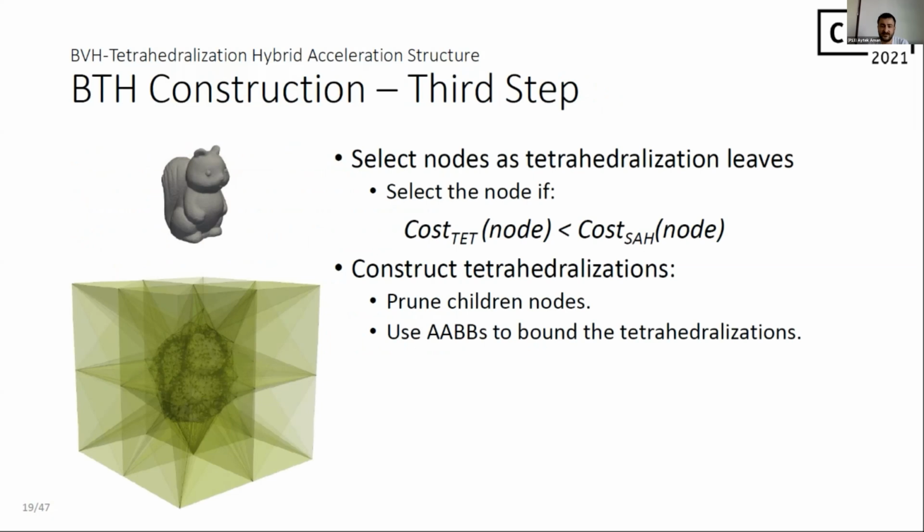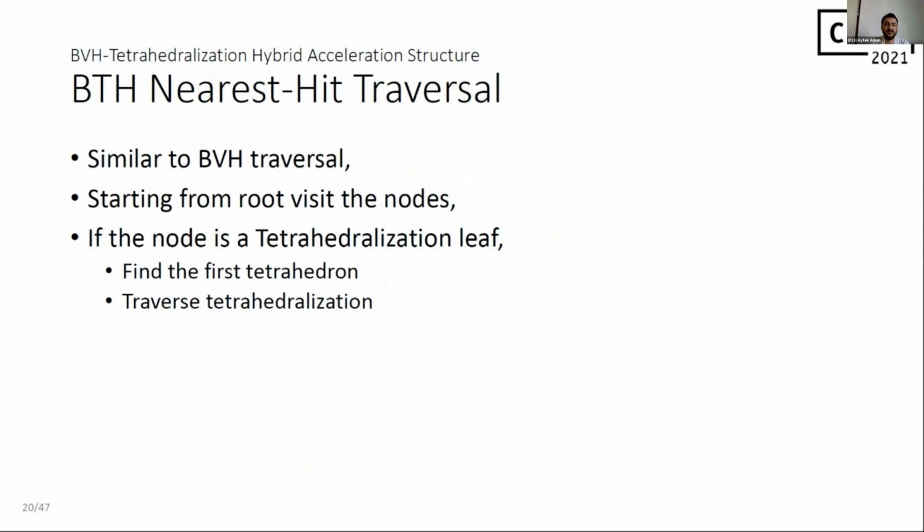So we construct tetrahedralizations for children nodes and use axis-aligned bounding boxes to bound the tetrahedralizations. The nearest seed traversal is actually similar to the BVH traversal. We start from the root and visit the nodes. And if the node is a tetrahedralization leaf, we find the first tetrahedron, and then we initiate our traversal from that tetrahedron and continue.